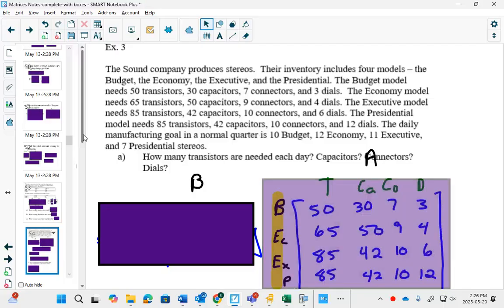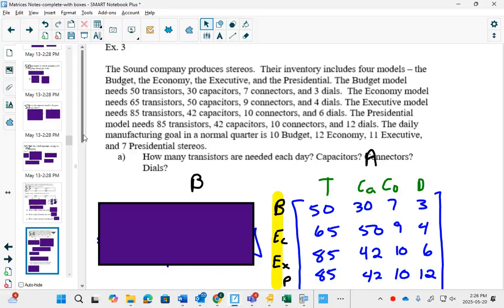First of all, we decide to set up our matrix. And we have transistors, capacitors, connectors, and diodes, budget, economy, executive, and presidential. So you set up a chart of this data. Put the numbers in. Okay?